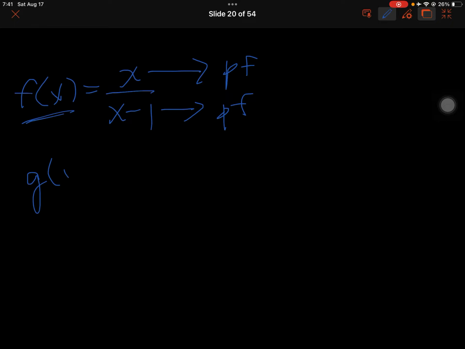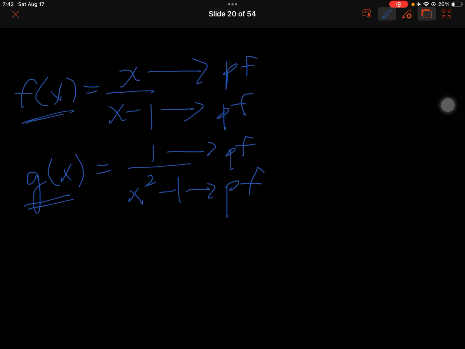Next, g of x is equal to 1 over x squared minus 1. So this one here is also a rational function because we have learned a while ago that the constant function is a special type of polynomial function. So the numerator is a polynomial function and the denominator is a quadratic function, which is a polynomial function as well.